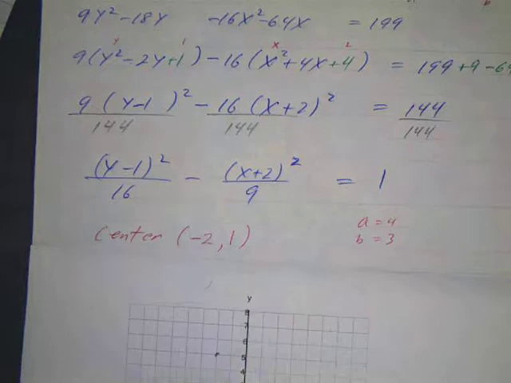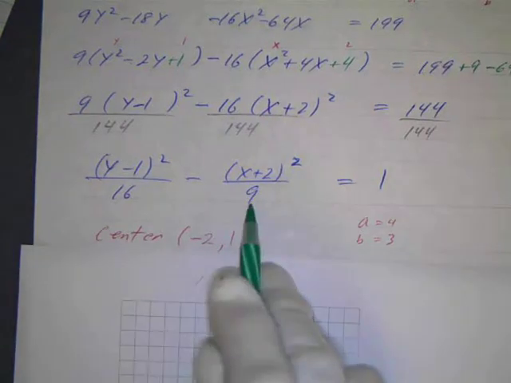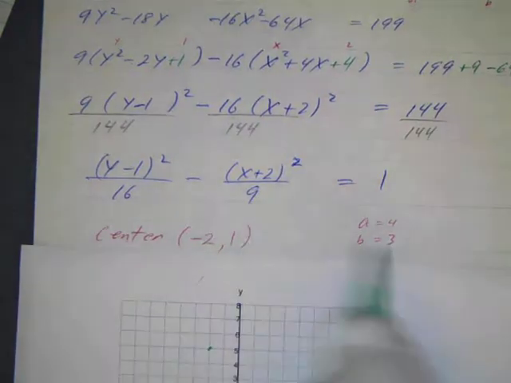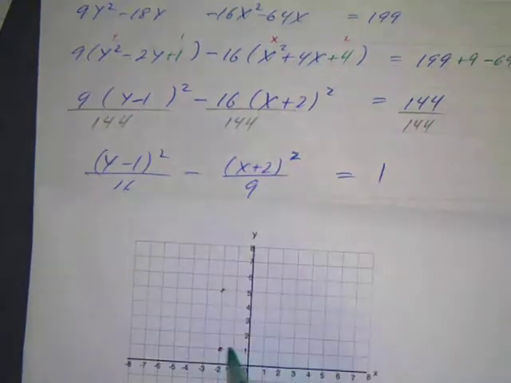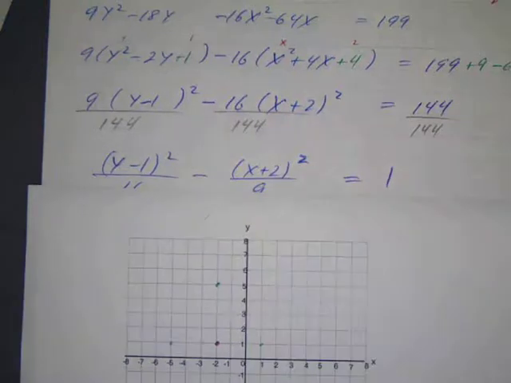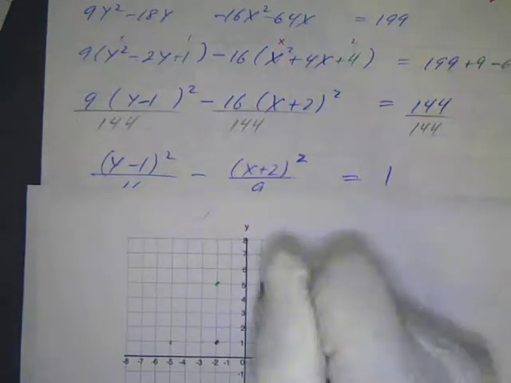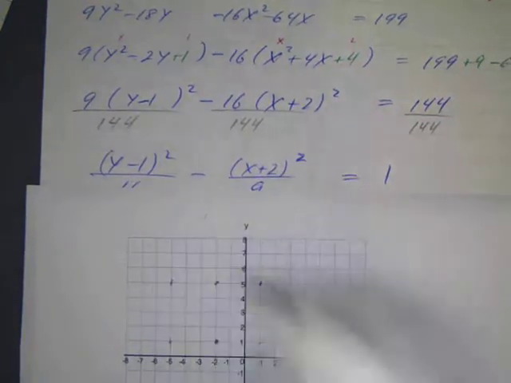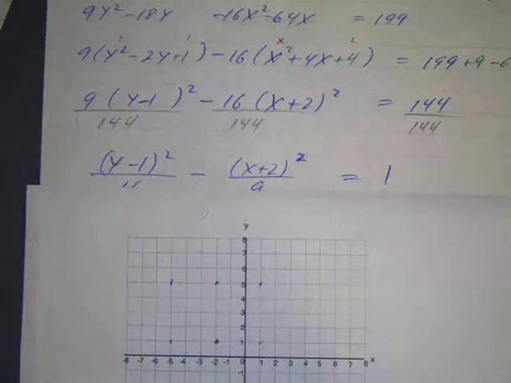And then my complex or my imaginary axis is going to be 3, the square root of 9. So I'm going to go 1, 2, 3. And those are going to be the points that allow me to get my good old rectangle. There's a point there, there's a corner point there, corner point there, corner point there, and a corner point there.